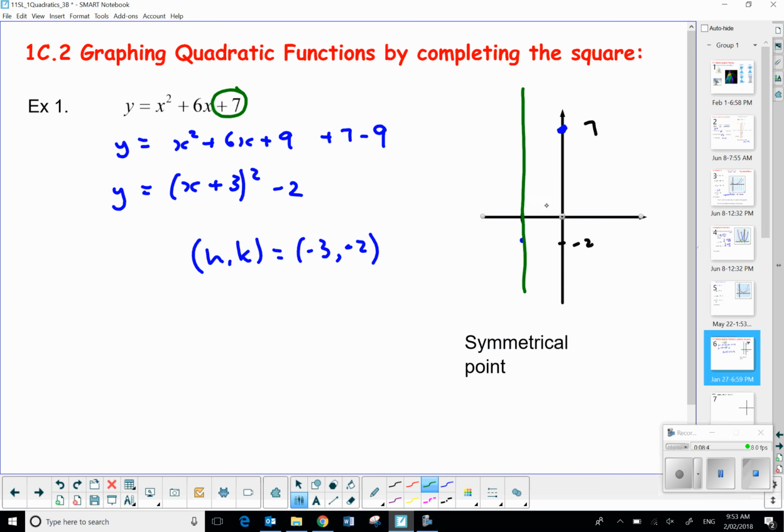So if this is at minus 3, and this here is 3 units, then I know there's going to be another point across here at 3 units. So I have another point here, which is going to correspond to minus 6 on the x-axis.